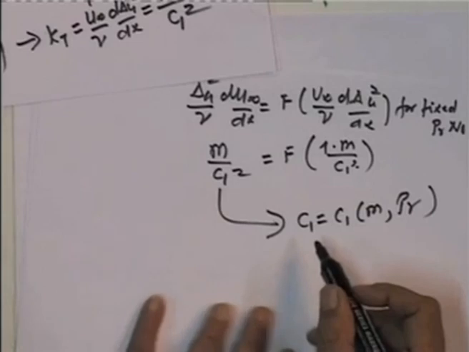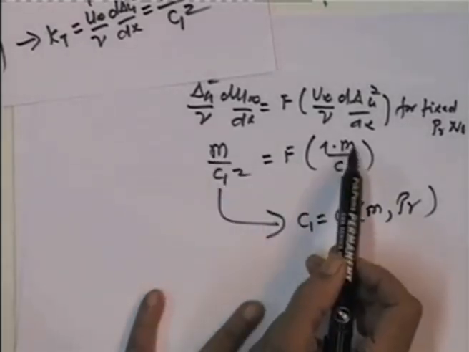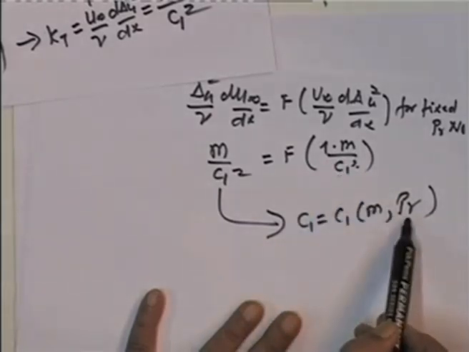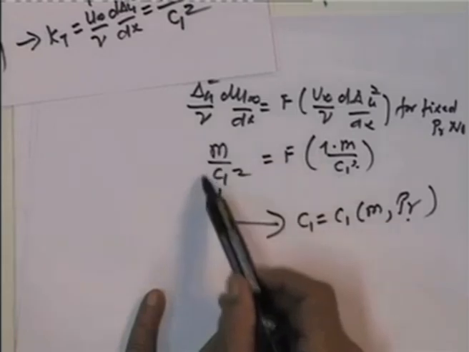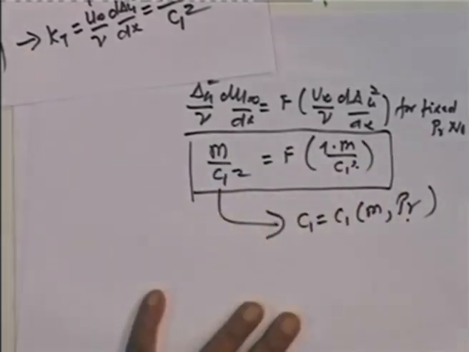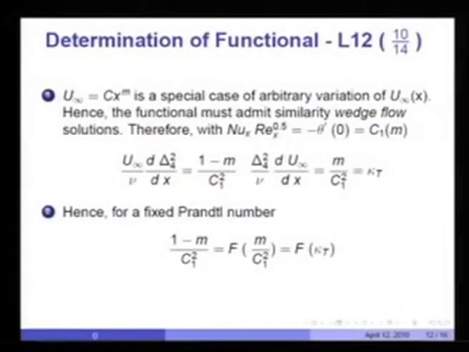So, you can see that by knowing the values of m and the corresponding values of C 1 for the value of Prandtl number, I can always construct this functional relationship, and that is what I have shown on the slide. Basically, that is equal to kappa t, and likewise we can show that u infinity over d delta 4 square by dx nu is (1 minus m) C 1 square.